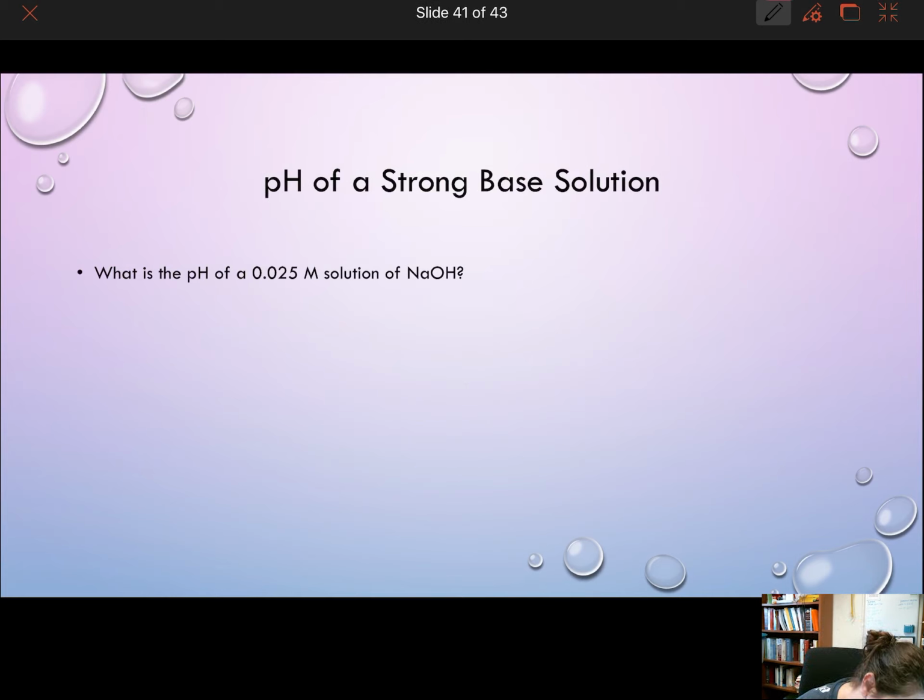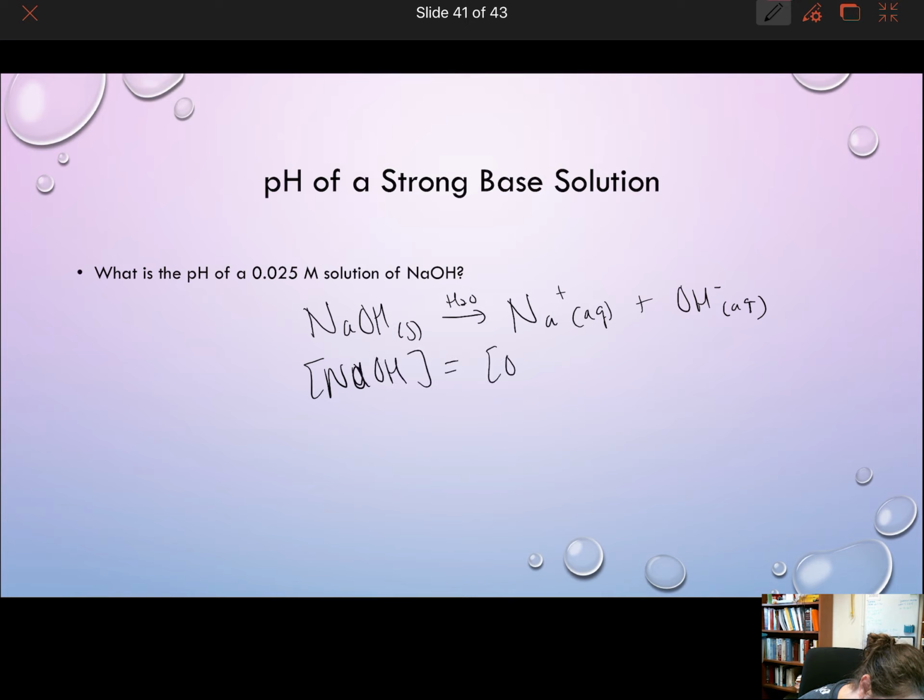If we have a strong base, it's pretty easy as well. We have NaOH. When thrown into water, we will completely dissociate. So our sodium hydroxide concentration will be equal to our hydroxide concentration.